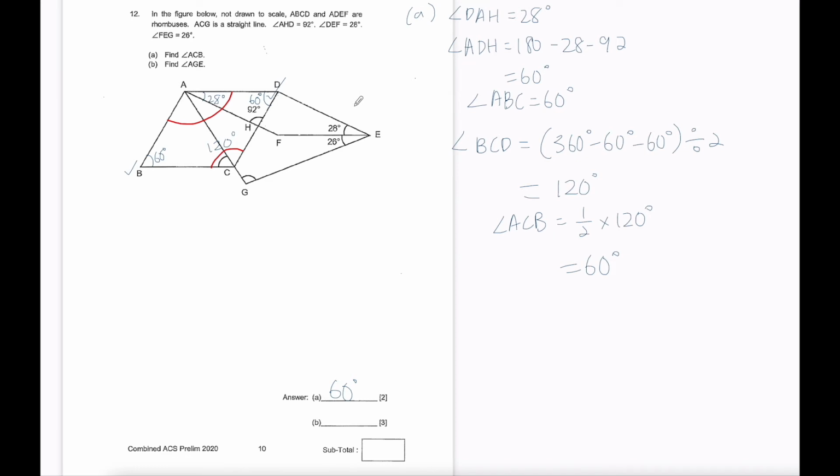AGE. How do we find AGE? I'm going to erase some stuff that's not needed for part B, so it doesn't look so cluttered. Do you see that ADEG is actually a four-sided figure?